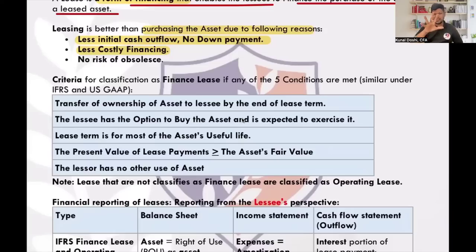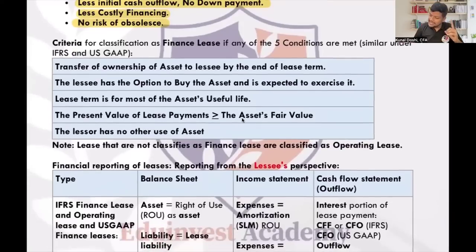So this fluctuates quite a lot, but since it's a syllabus based on the US, we consider leasing sometimes less costly to finance. And no risk of obsolescence means you do not worry about the asset becoming obsolete. It's not your headache. Correct?